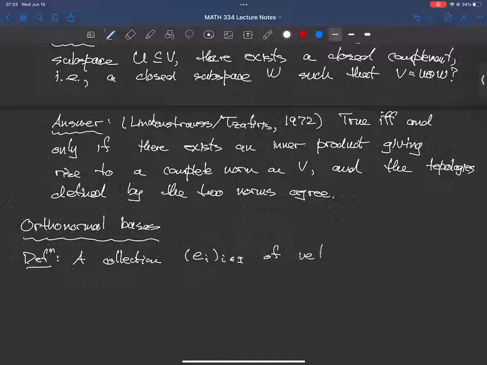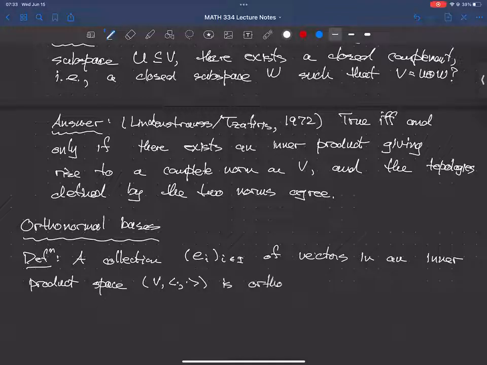So vectors in an inner product space V is orthonormal if. Okay, so first, each of these vectors has unit length. That's the normal part of orthonormal.